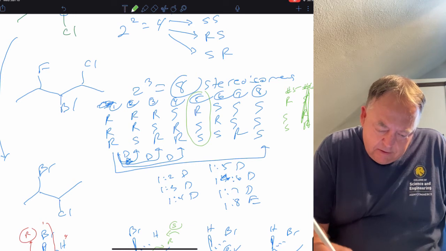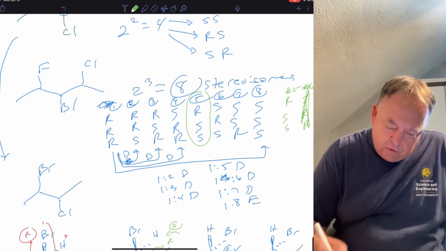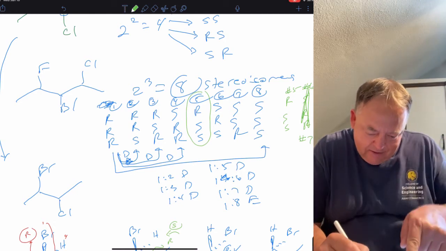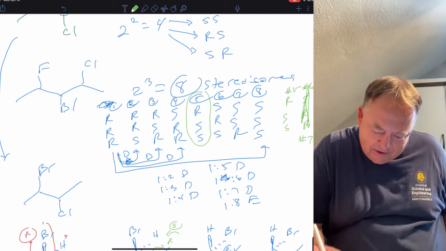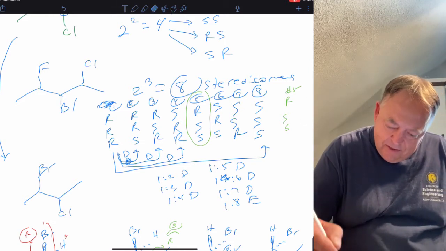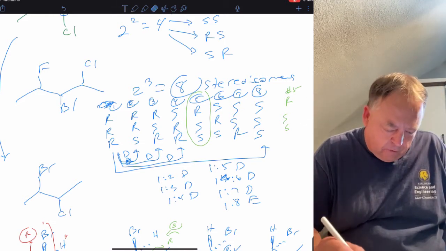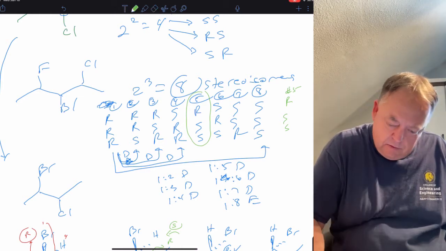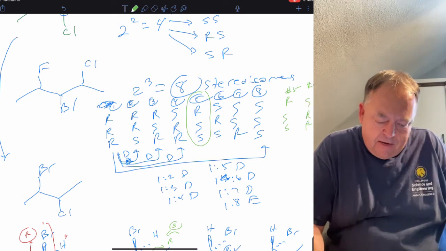The enantiomer would be number 7. Number 7, is that right? Oh my gosh, no, that is still not right. Let's try again. So RSS, we're looking for SRR. That's number 4. So the enantiomer to number 5 is number 4.